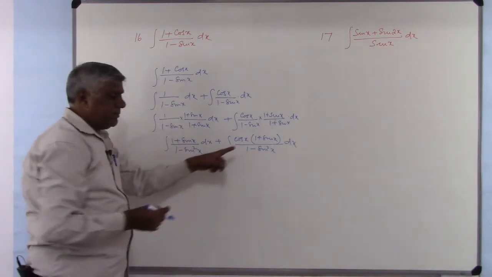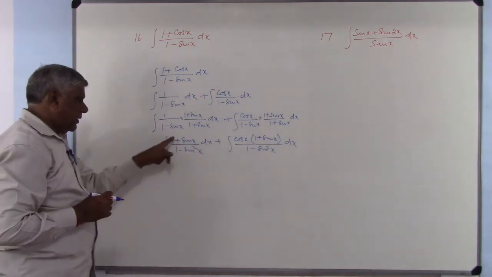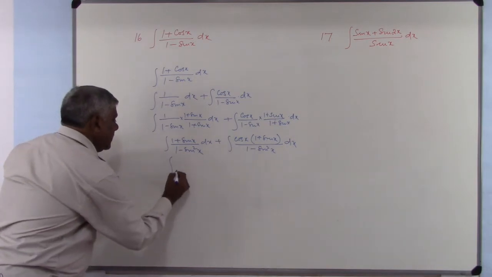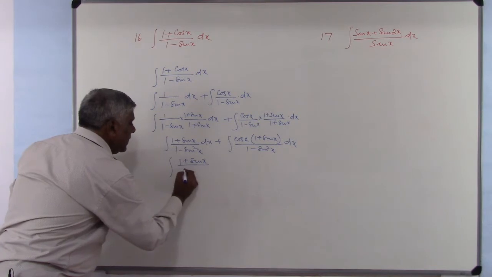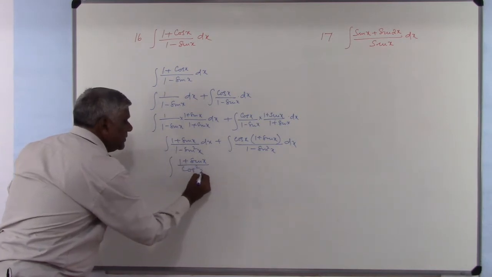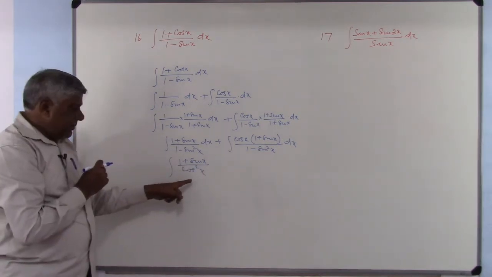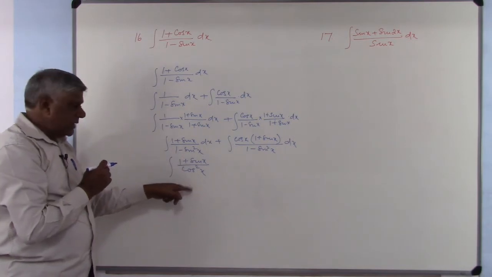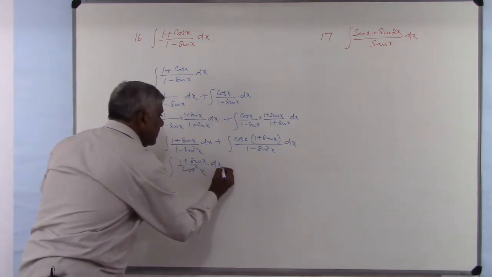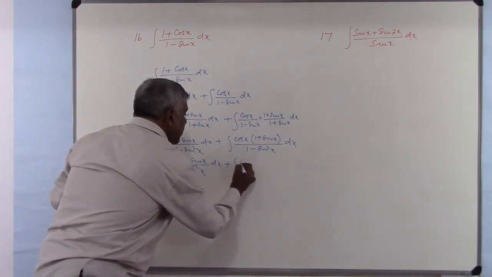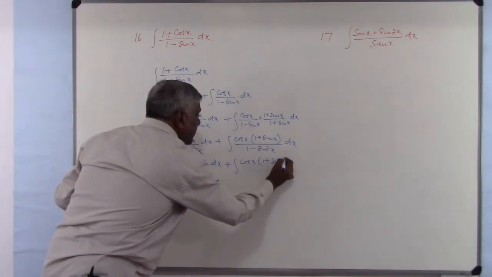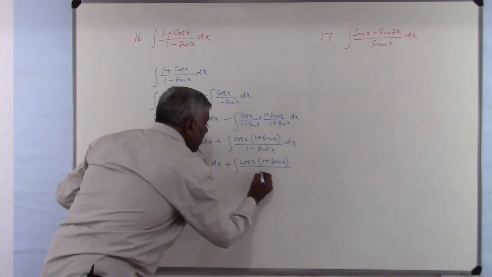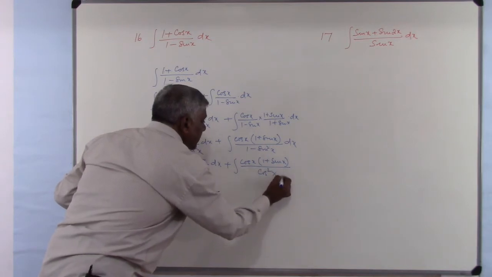This is also the same thing. Now we will do like this: integral 1 plus sin x over cos square x dx plus integral cos x into 1 plus sin x by cos square x.